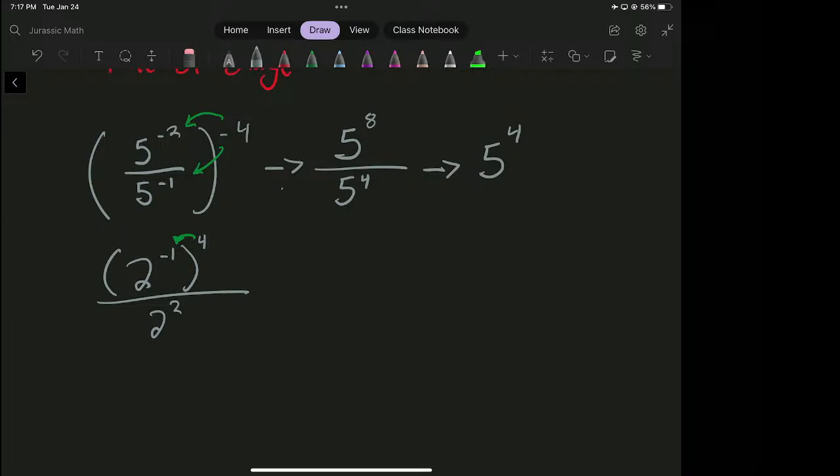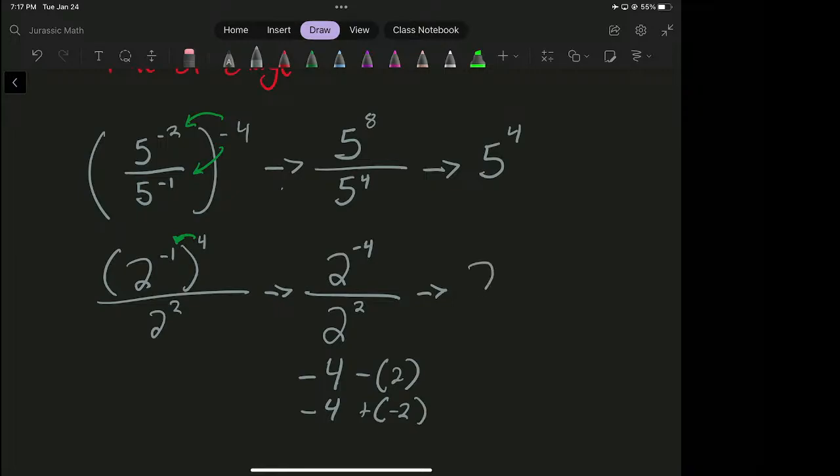So that's why it gets distributed to everything. So this one, the denominator still says 2 to the 2nd power. The numerator becomes 2 to the negative 4th power. We are dividing, so we can once again just subtract negative 4 minus 2. Keep, change, change. So that's 2 to the negative 6th power.